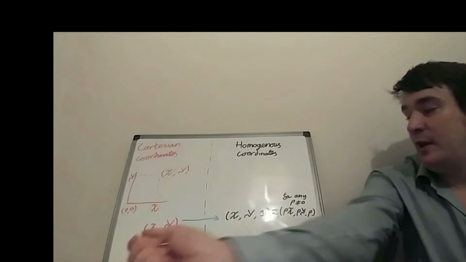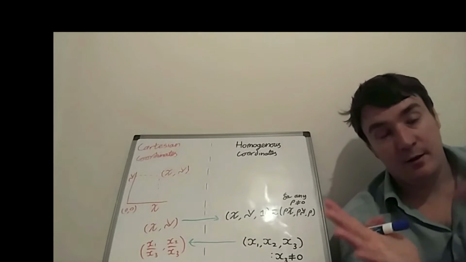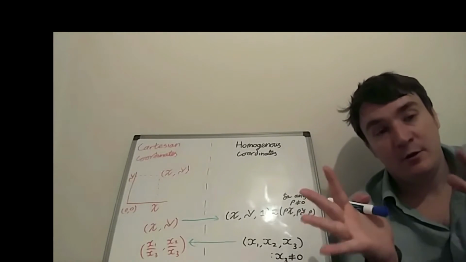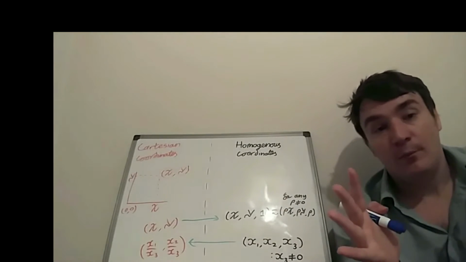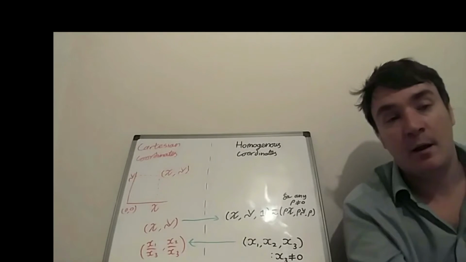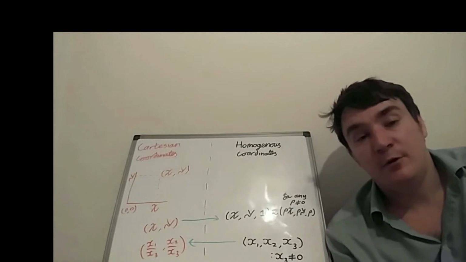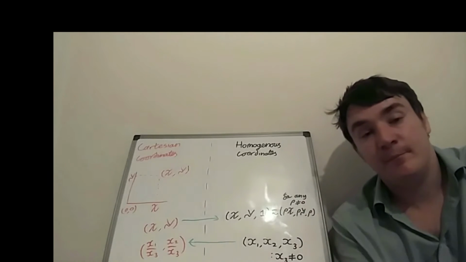So in particular, let's say you have a point (x, y) in the Euclidean plane as described by Cartesian coordinates. How do you describe what that point is in terms of homogeneous coordinates?